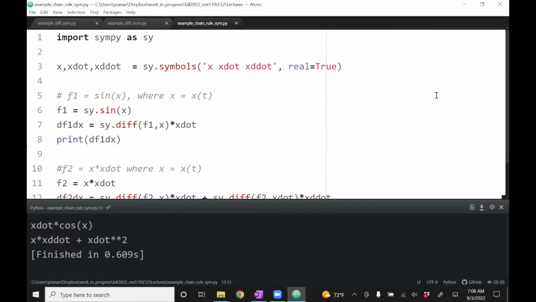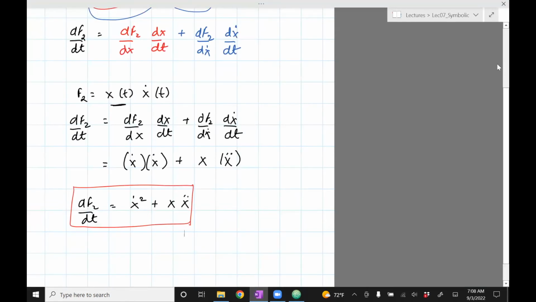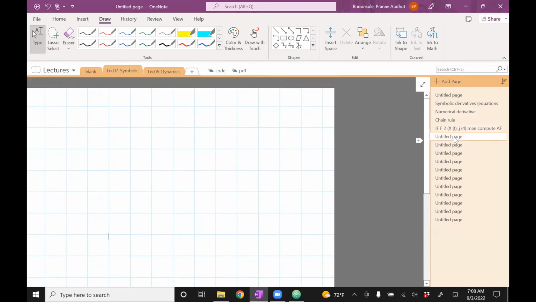Now that we've done all this, let's go back and revisit the projectile example and try to see how to do the projectile example using symbolic derivatives.